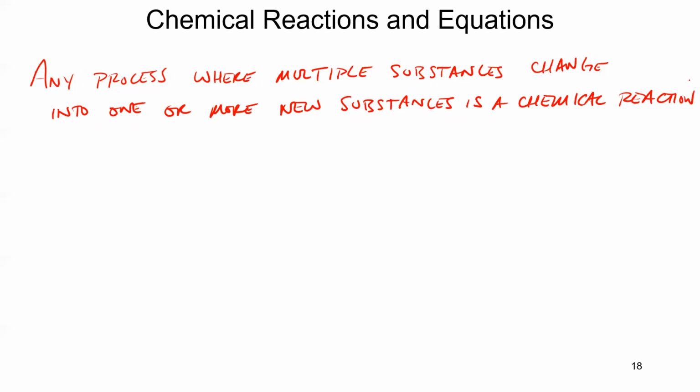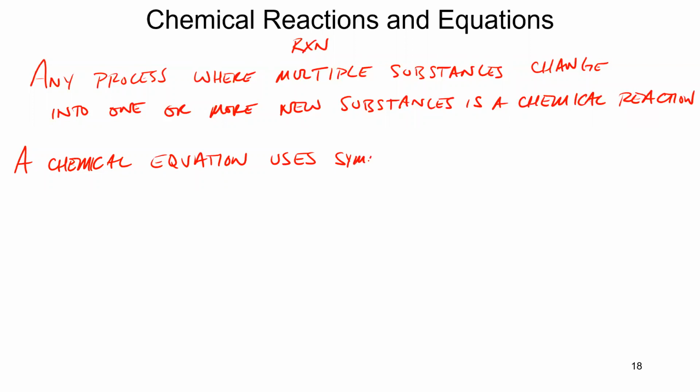Chemists often use an abbreviation for reaction, RXN. So if you see RXN, just know that that's what that stands for, reaction. The way that chemists most often get this information across about a given chemical reaction is to use the chemical equation. A chemical equation uses those symbols that we know from naming and atomic symbols. So it's kind of our shorthand.